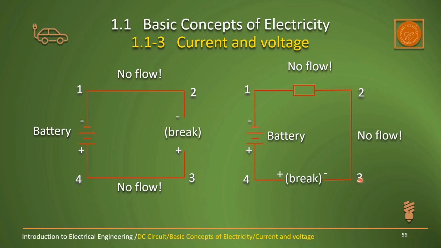In this circuit, because it is broken, number 3 is connected to the battery negative, and number 4 is connected to the battery positive. So number 4 is positive, and number 3, compared to number 4, has lower voltage, so it's negative.